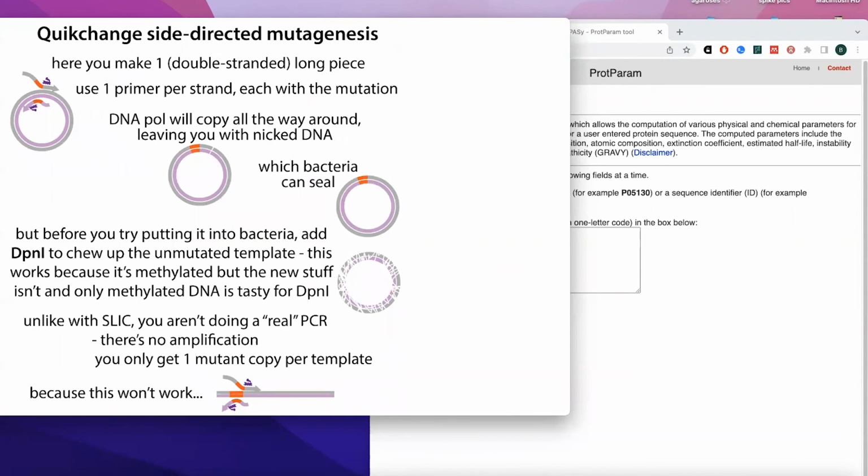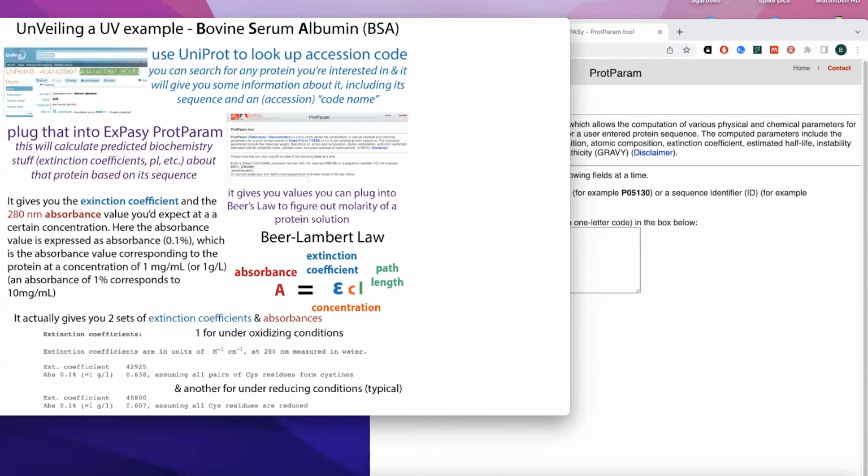When you make mutations to the protein, maybe you're chopping off a region to see what that region does, or you're testing the region alone, or you're making a point mutation. All of these changes can influence the protein's PI and extinction coefficient. Also if you're adding a tag, that will influence things.